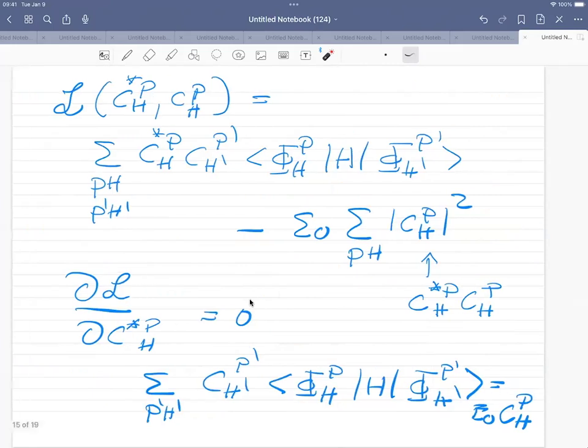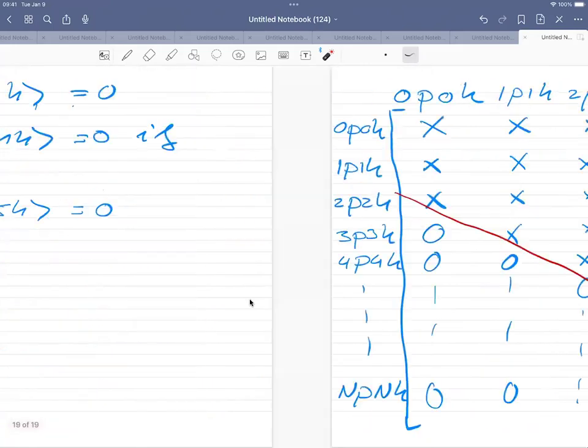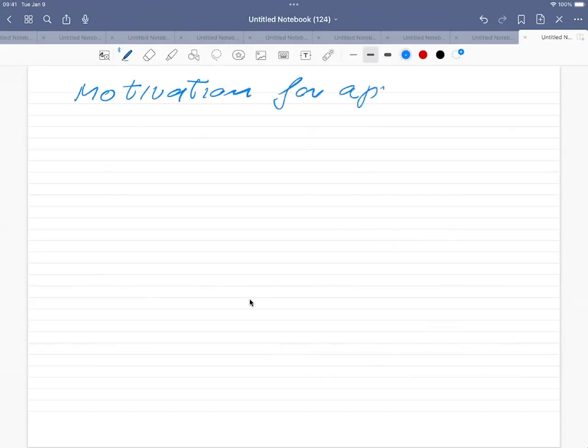So if we take the problem and rewrite it slightly, so this is something which we are preparing to motivate other many-body methods, motivation for approximations to FCI.